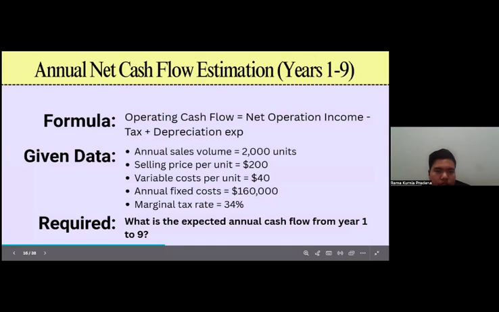The given data includes 2,000 units sold annually, a selling price of $200 per unit, a variable cost of $40 per unit, an annual fixed cost of $160,000, and a marginal tax rate of 34%. Using these figures, we are required to calculate the expected annual cash flow from year 1 to year 9.